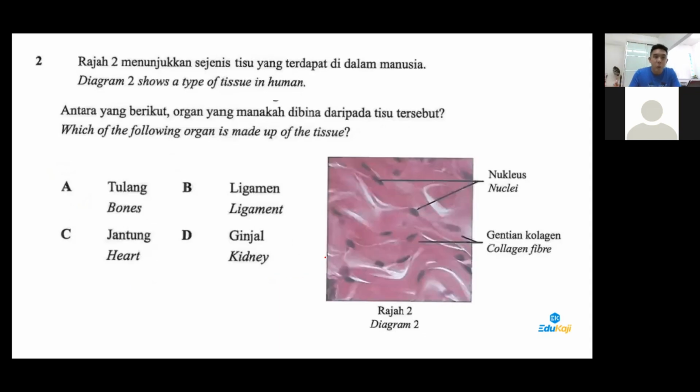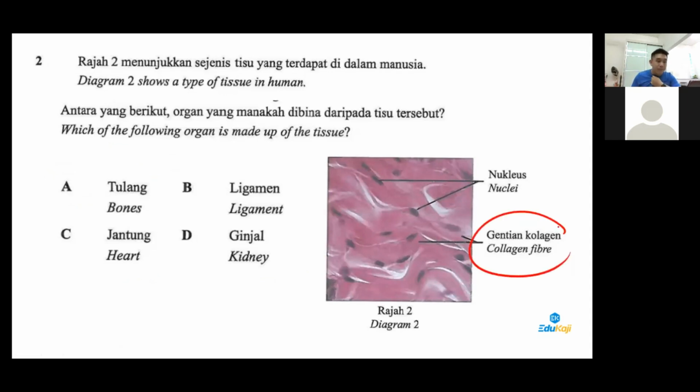Next, question 2. Guys, question 2. Right. Okay, now for question 2, they are showing you a type of connective tissue. All right. So the keyword here is more to collagen fiber.